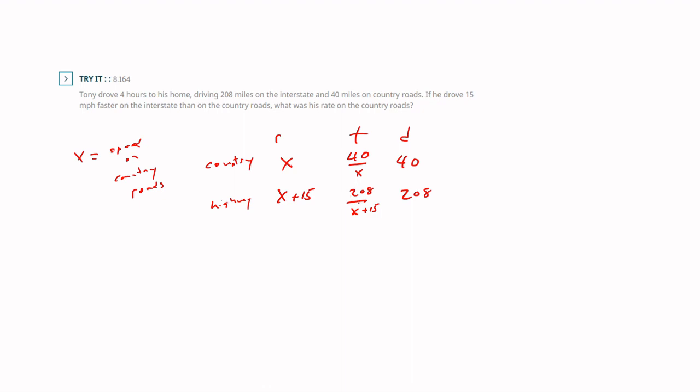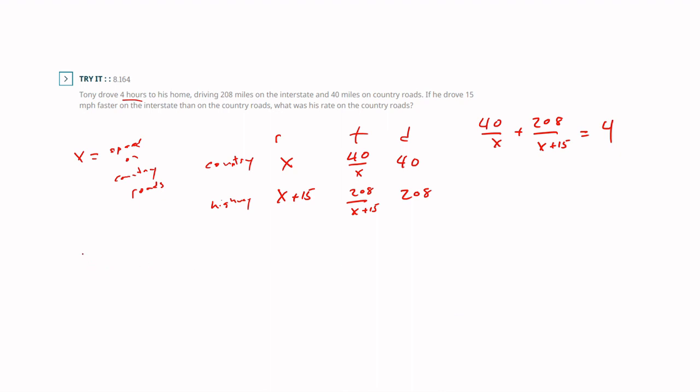Now, what are we doing here about time? We needed time, and he's 4 hours on the road. So that's one time, that's the other time, and he's on the road for 4 hours.